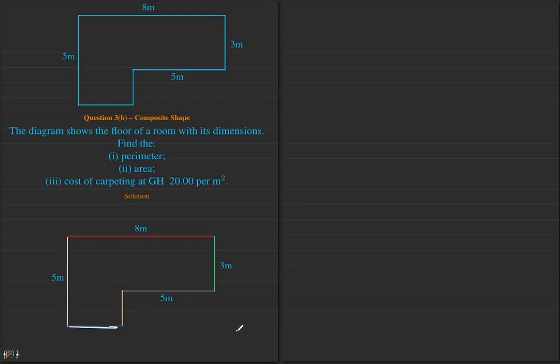If you take this section here, which is 5 meters, and this particular section, which we don't know, if we lay them side by side, I'm going to pick these two and lay them side by side.